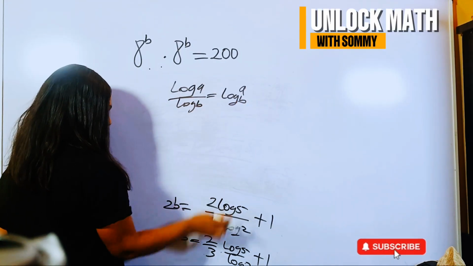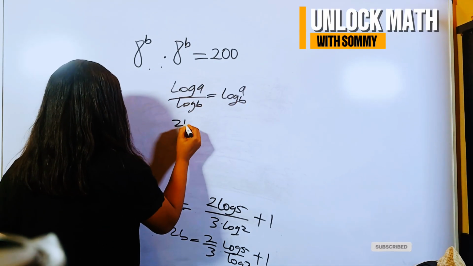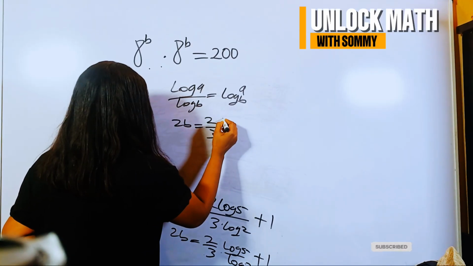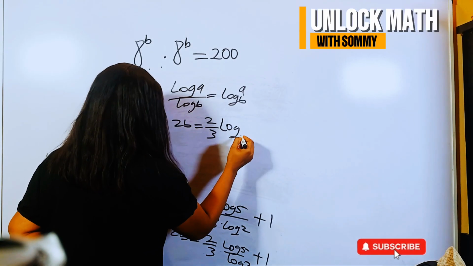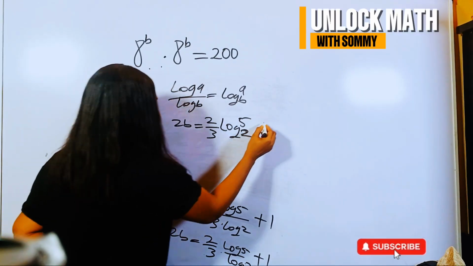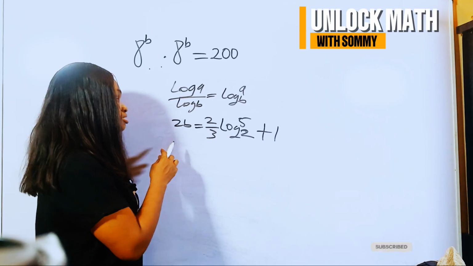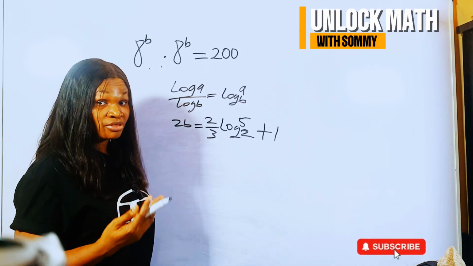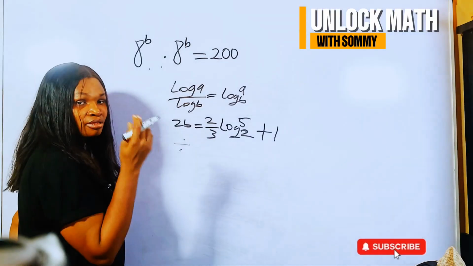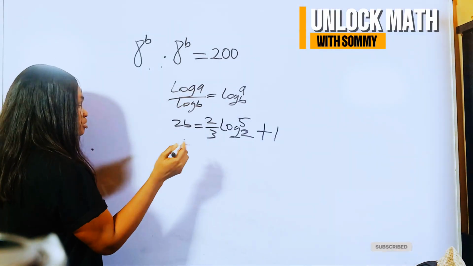If we apply this here, we now have 2b equals 2 over 3 log 5 base 2 plus 1. Look at this. We are asked to find the value of b, not the value of 2b. We multiply both sides by half.